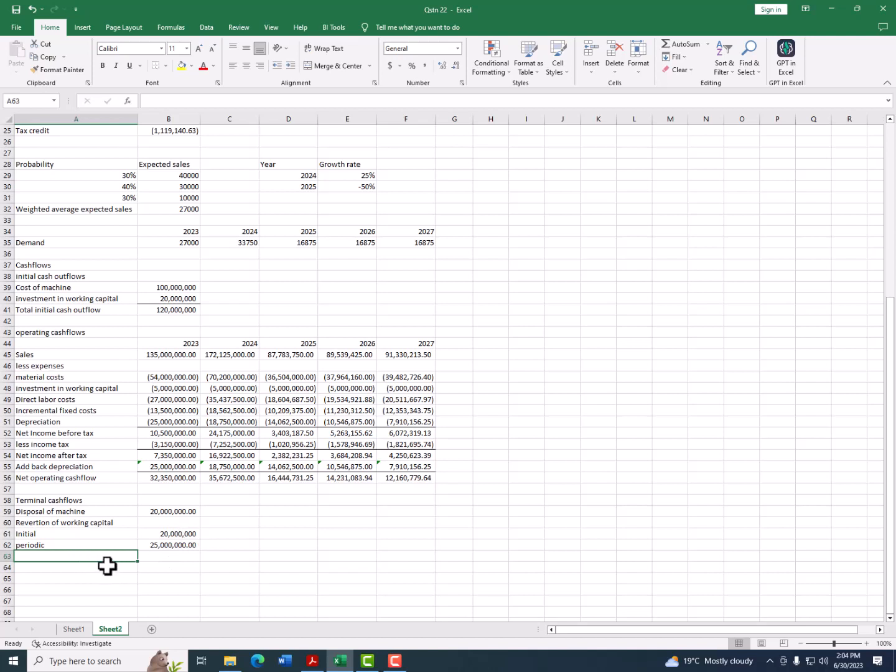So to find the total terminal cash inflow, we have forgotten one, we have not put the tax implication.